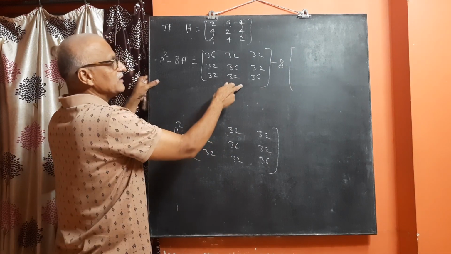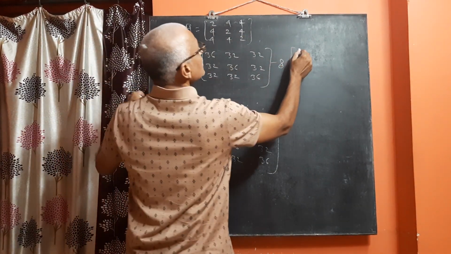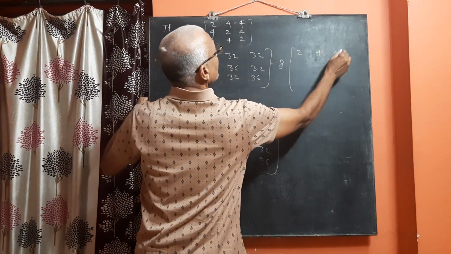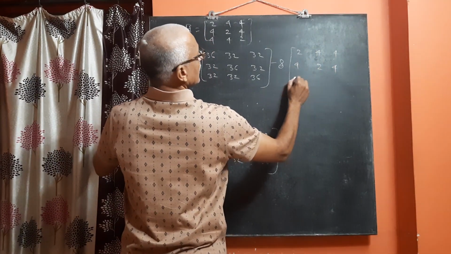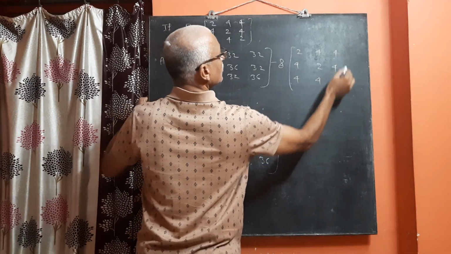The matrix A is given as 2, 4, 4, 4, 2, 4, 4, 4, 2.